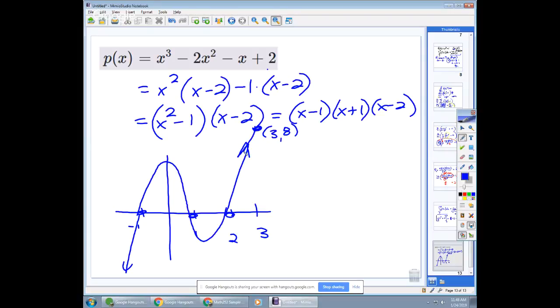What happens when I integrate this is I'm going to get some negative area here, and some positive areas here and there. So if I just do a straight integration, is some stuff going to cancel?